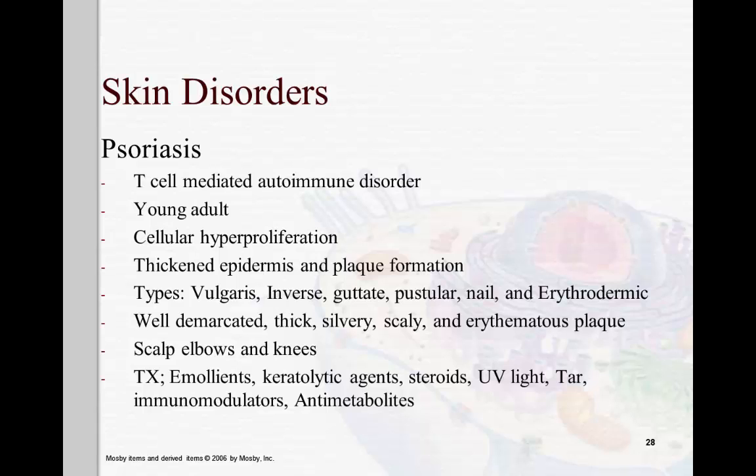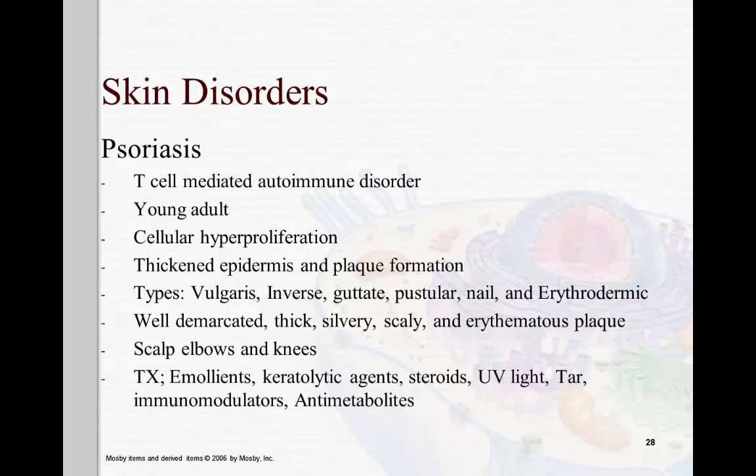The main symptoms are well demarcated, thick, silvery, scaly plaques. They're asymptomatic, though they could be a little pruritic or itchy. This could be present as well in the nails, in the eyebrows, in the axilla, in the perineal area, but very, very common are present in the extensor surface.